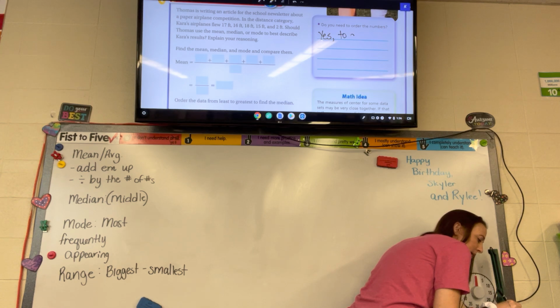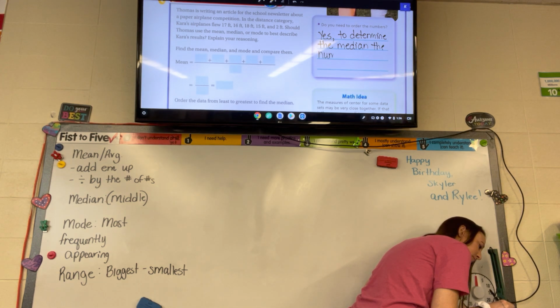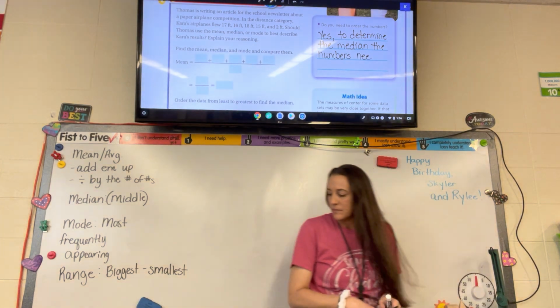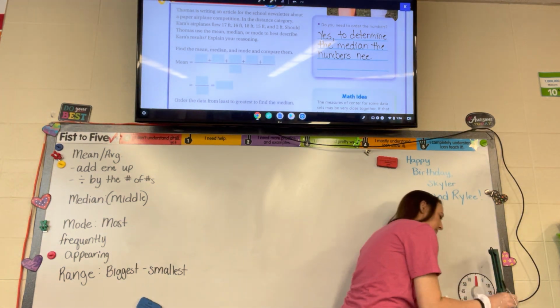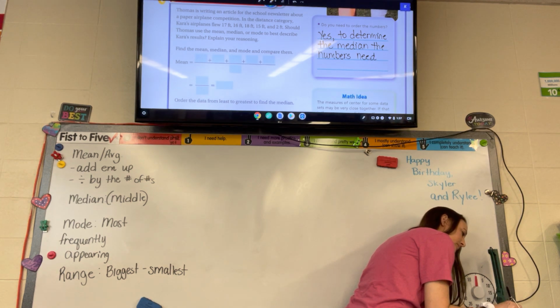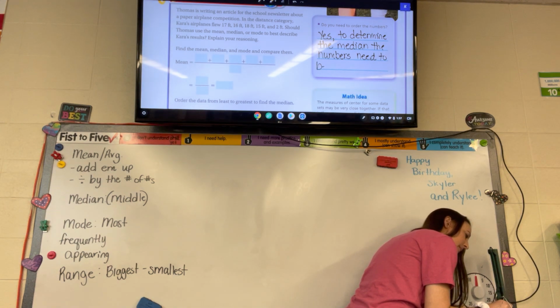To determine the median, copy this down. To determine the median, the numbers need to be in order.